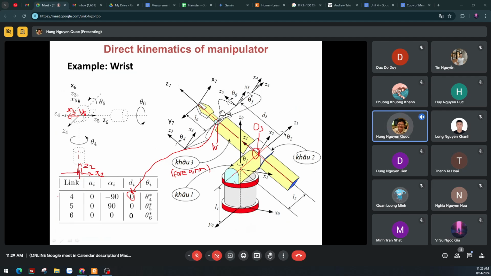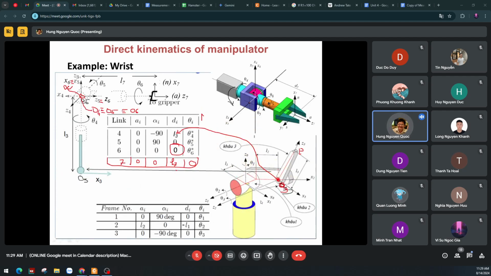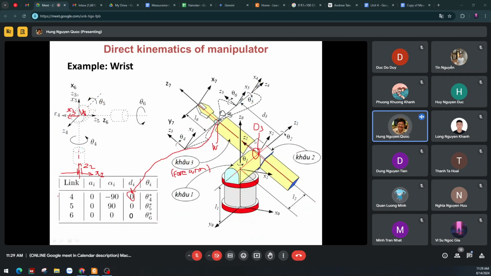In the same way, this is the articulated robot, and this is the Stanford or spherical robot. For this one, you can also do the same. You put the wrist here, and you just copy this one.